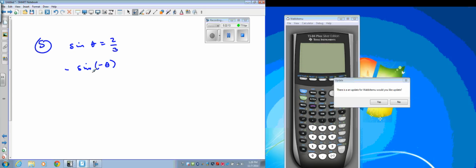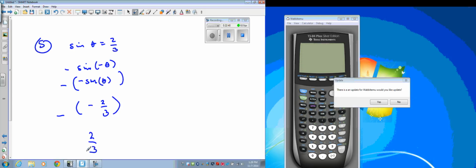So this is kind of two things. This is a negative out in front of this thing. And the sine of this is a negative sine of a positive theta, right? Because we're given this. So then what you have to do is put this negative, then we put a negative 2/3 in here, and then that's a positive 2/3.